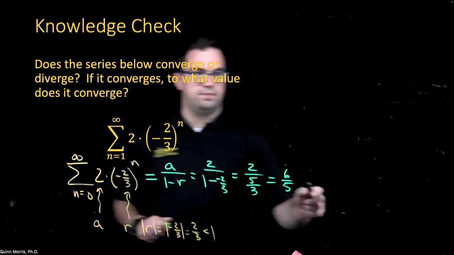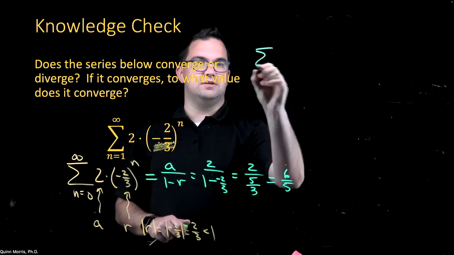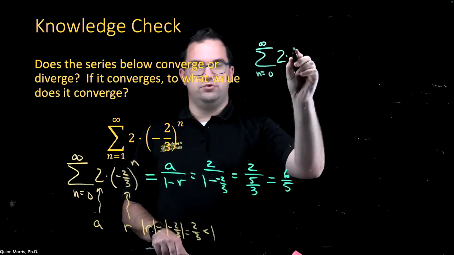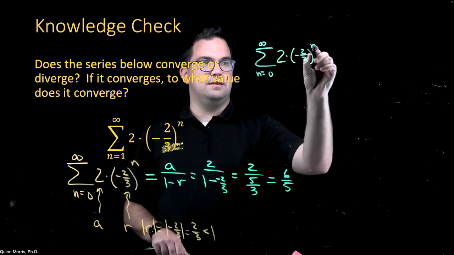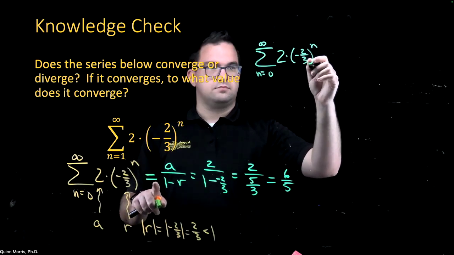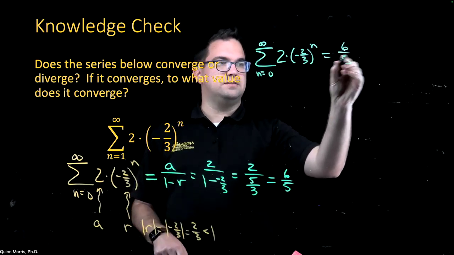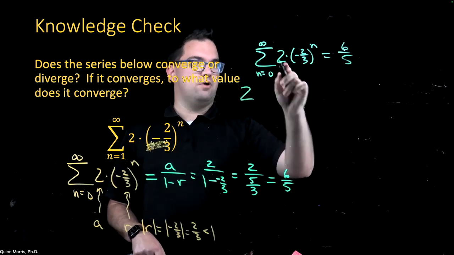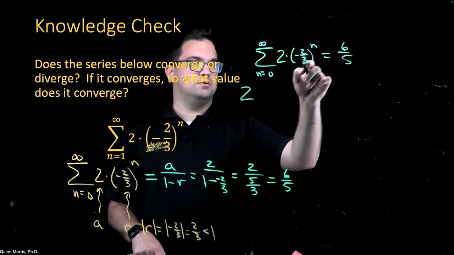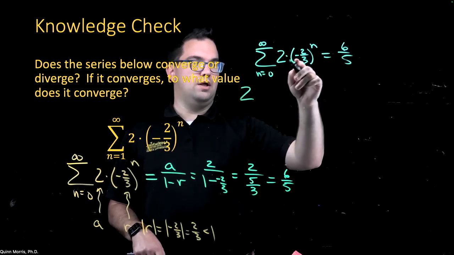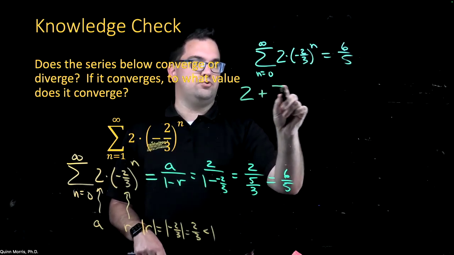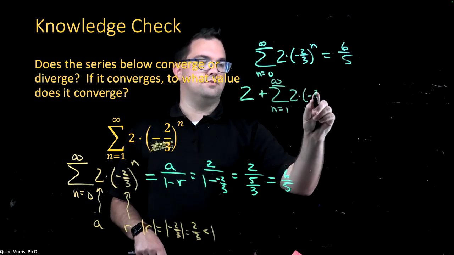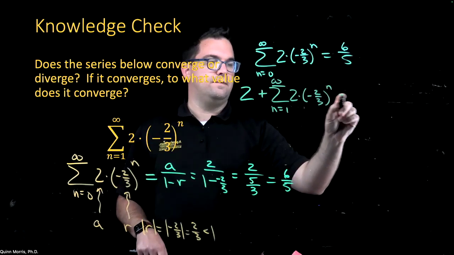So what do I do? I use the fact that now I know the sum n equals 0 to infinity of 2 times minus 2/3 to the n is equal to 6/5. Now I'm going to rewrite this, breaking off the 0th term. When n is 0, I just get 2 times negative 2/3 to the 0, which is 1. So 2 times 1 is 2. So I get 2 plus the sum n equals 1 to infinity of 2 times minus 2/3 to the n.